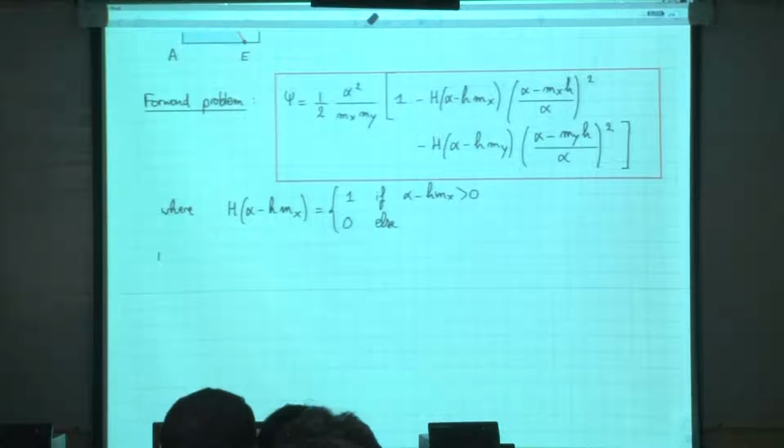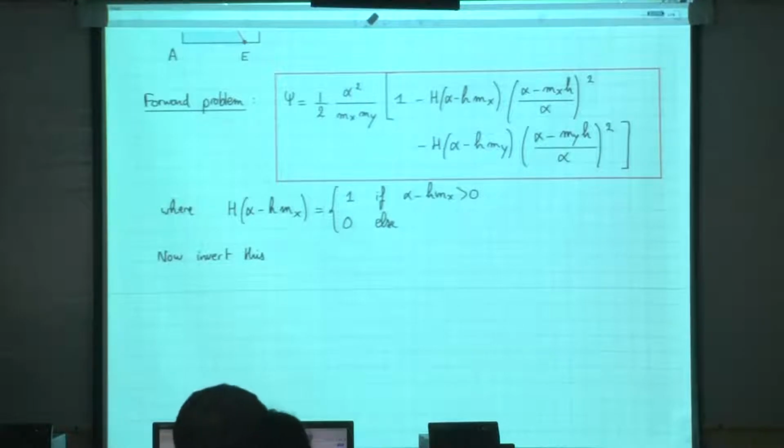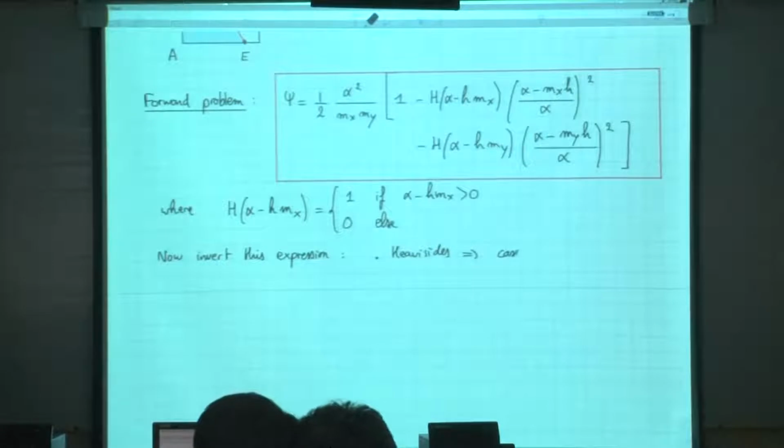So now, invert this expression. This is a collection of two little challenges. One is dealing with those Heavisides. Heavisides imply that we need to do some case selection or case differentiation.